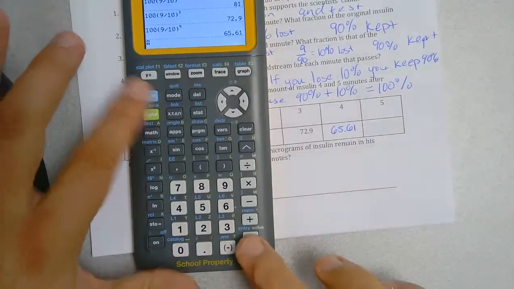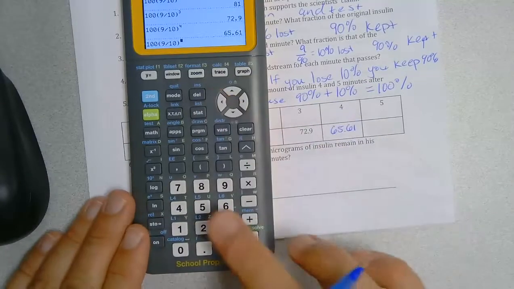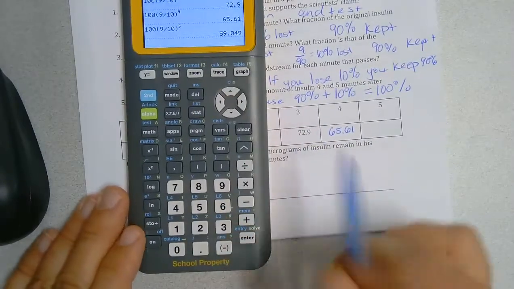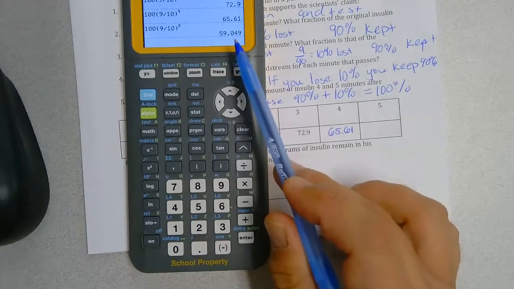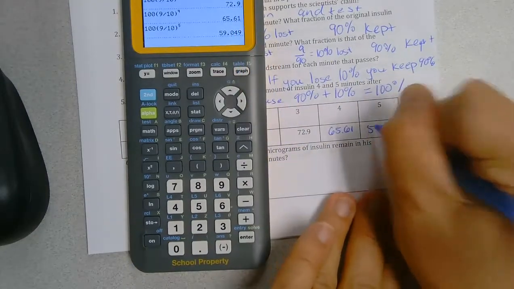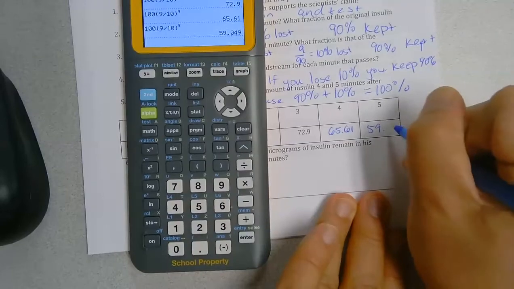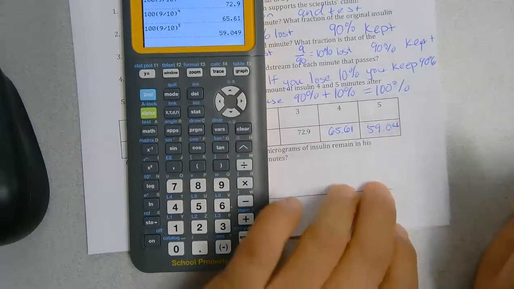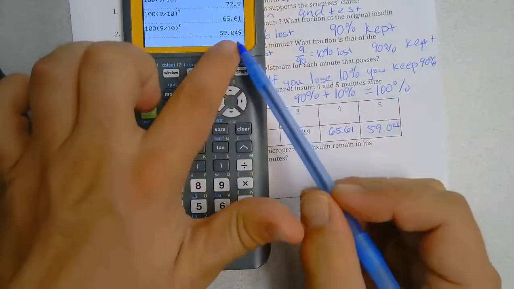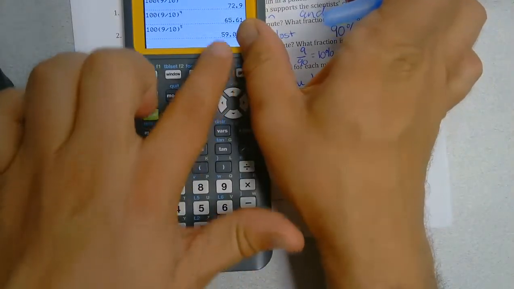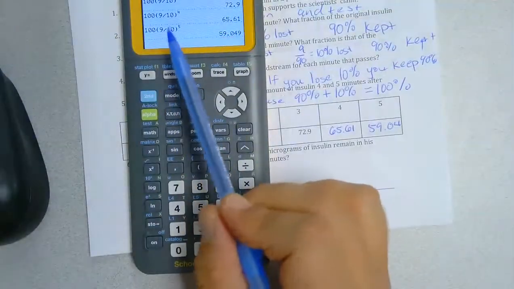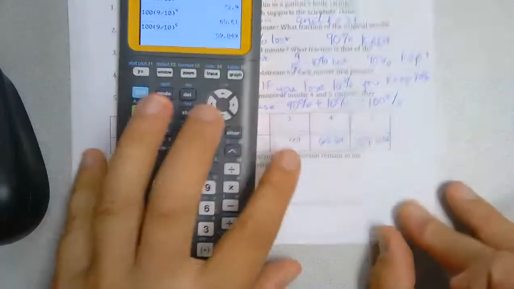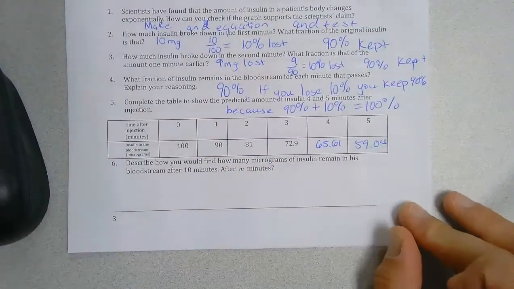Then if I go back and hit second entry, for 5 minutes I'm at 59.049. I'm going to round that to 2 decimal places and call that 59.04. If you were to type in this rounded value and keep going, you would have some round-off error, whereas if you keep the equation, you minimize the round-off error.